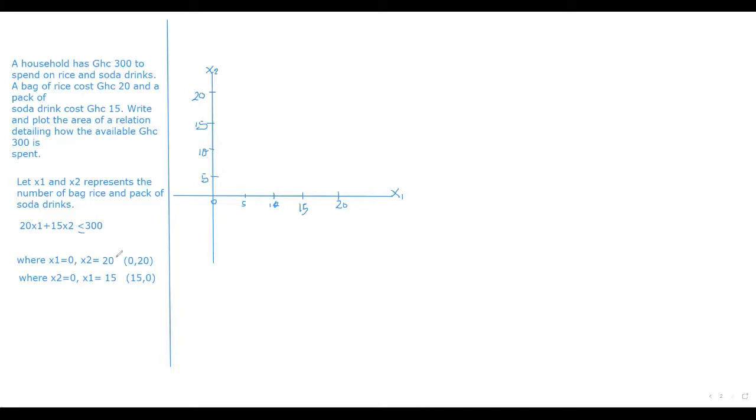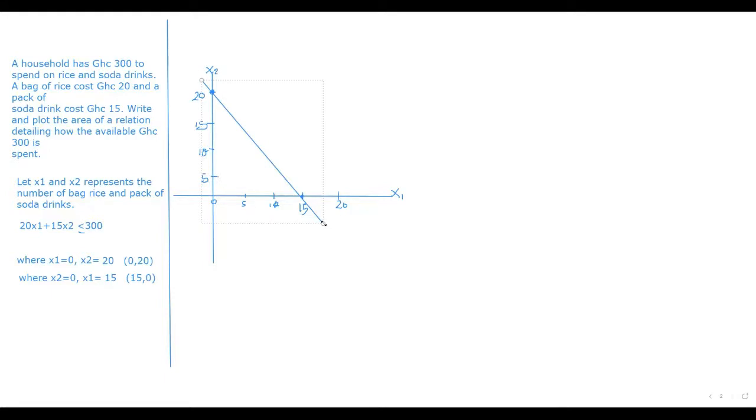So let's draw the first one. When x1 is 0, x2 is 20, it's going to be here. Second one, when x1 is 15, x2 is 0, so it will be here. You have the two points, you just join the two points, so it will be here.